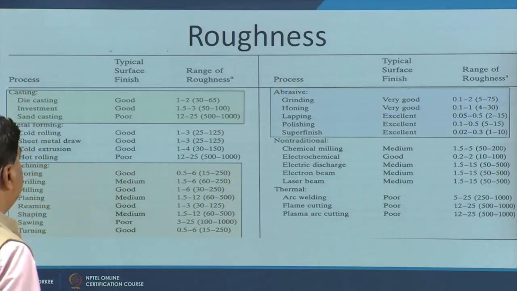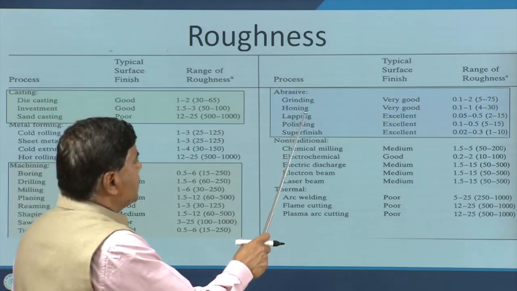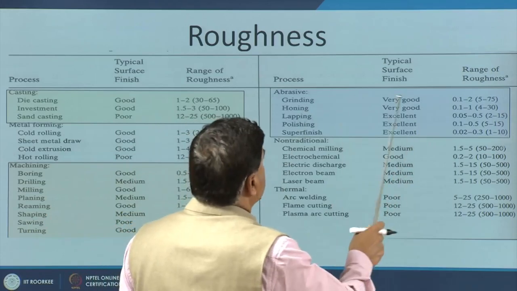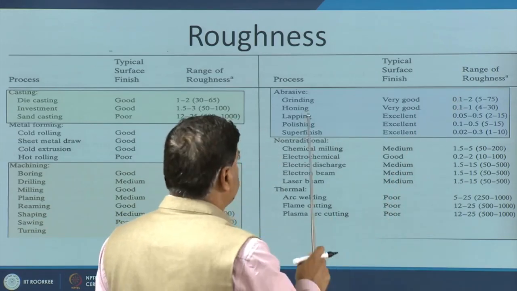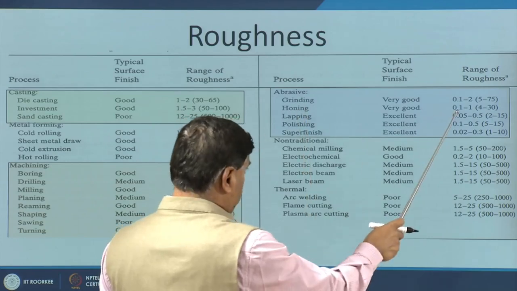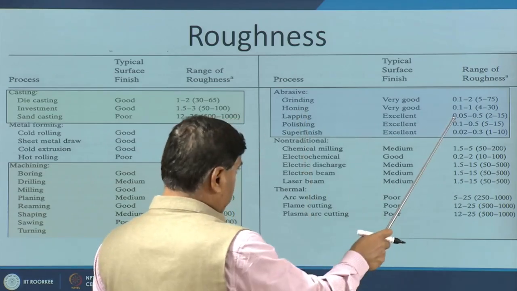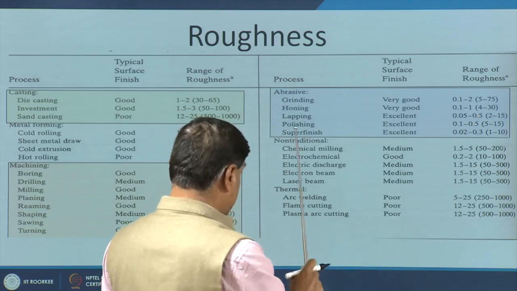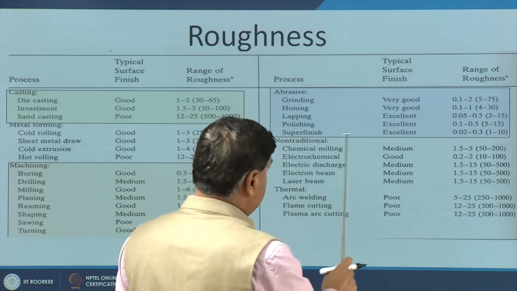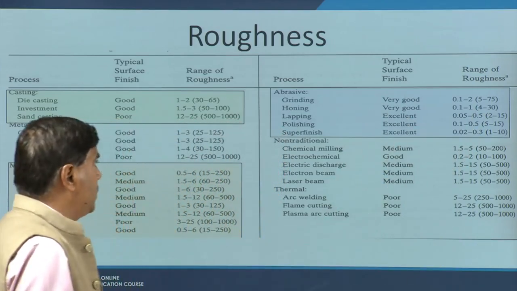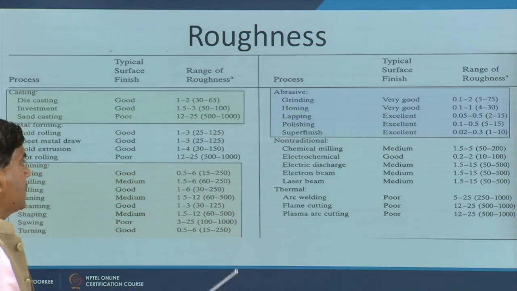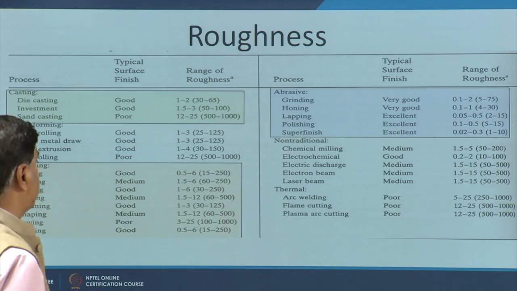On the other hand, grinding processes offer a very good surface finish ranging from 0.1 to 2 micrometer, honing 0.1 to 1, lapping 0.05 to 0.5, polishing 0.1 to 0.5 and super finishing 0.02 to 0.3. So, a very good surface finish can be achieved through abrasive-based processes, especially the super finishing processes.